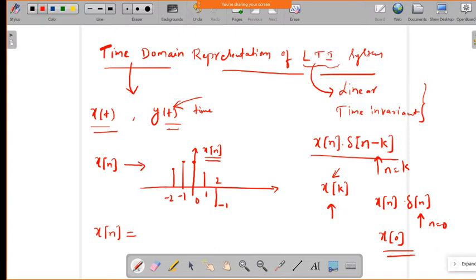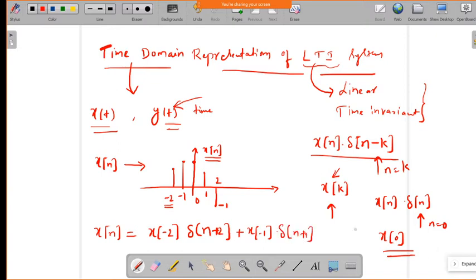Now at the negative index, how can we represent it? At minus 2, the input signal is x of minus 2 into del of n plus 2, since it is in the negative direction. Similarly at minus 1, x of minus 1 into del of n plus 1.